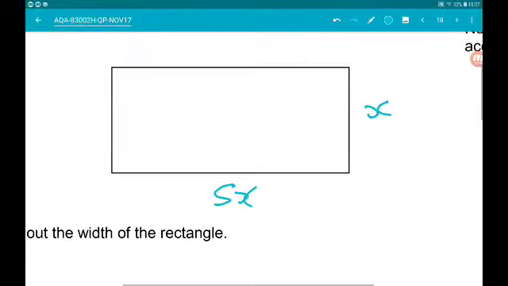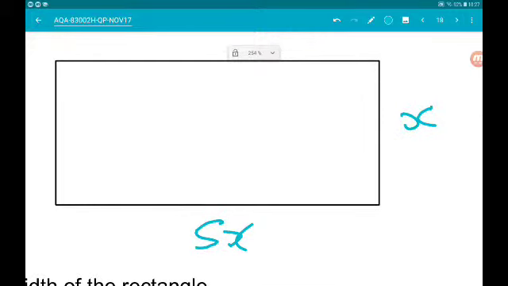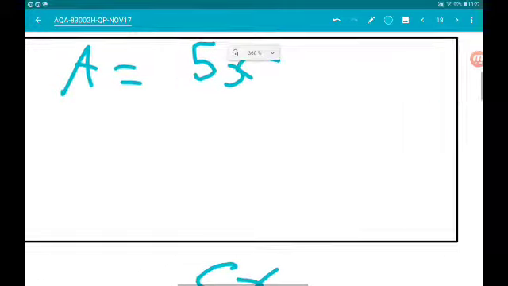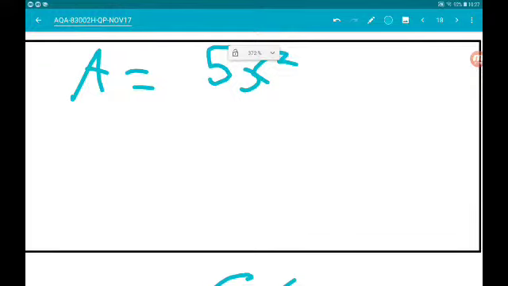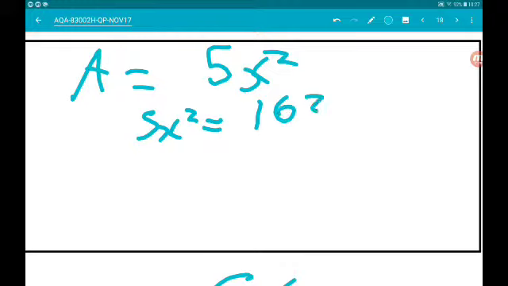So we know the area algebraically is 5x squared. Now we know the area numerically is 1620. So that means then 5x squared is 1620.